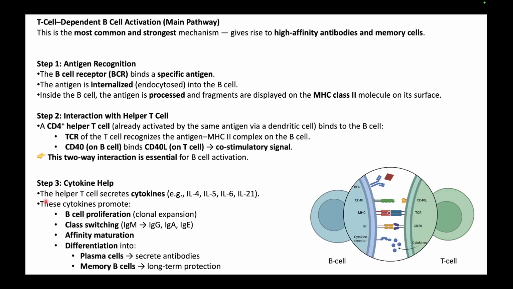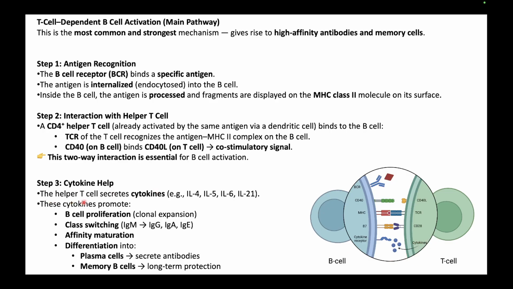Then the cytokine help is needed. Here you can see the B cell receptor binds to the antigen, internalizes, then processes, and presents with the help of MHC, binds with the T cell receptor, then the co-stimulatory signal of the CD40 ligand, and then there is cytokine release.